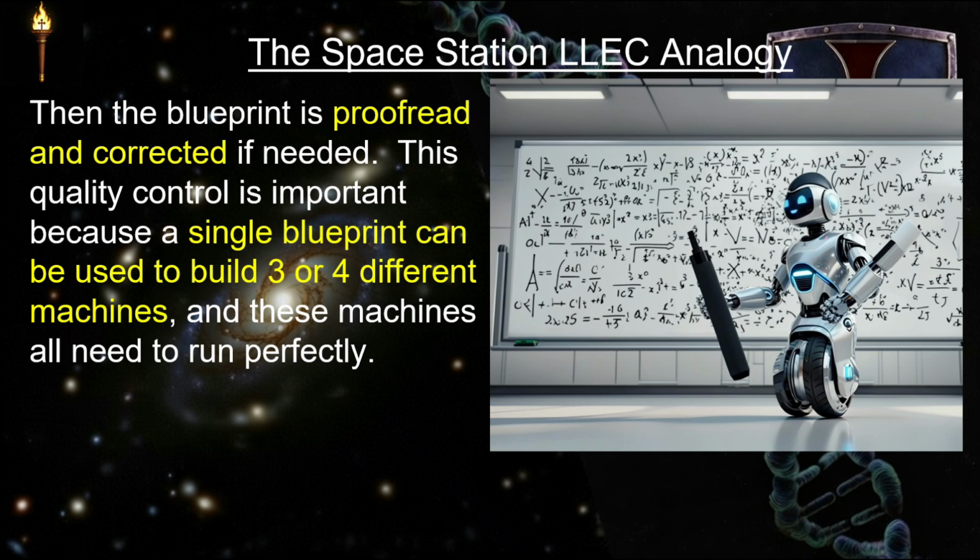This quality control is important because a single blueprint can be used to build 3 or 4 different machines, and these machines all need to run perfectly. Well, here what we have is proofreading and correcting of blueprints. That makes a lot of sense, especially if you're building 3 or 4 different machines. You can't waste parts or energy on a space station.